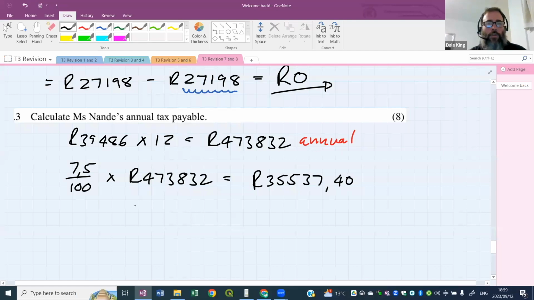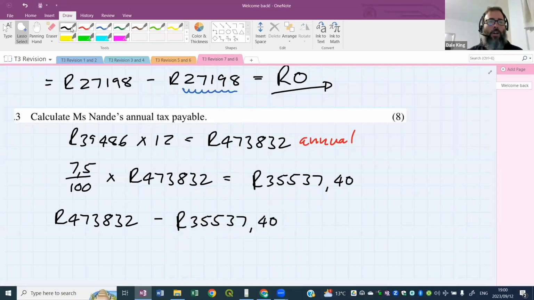So we need to take that off now, hey Ben? Oh yes, you take it off the annual income. All right, so there's our annual. We're going to take this off. All right, this is the pension money. We can't tax this. It's non-taxable, the question said, so we're going to take it off.